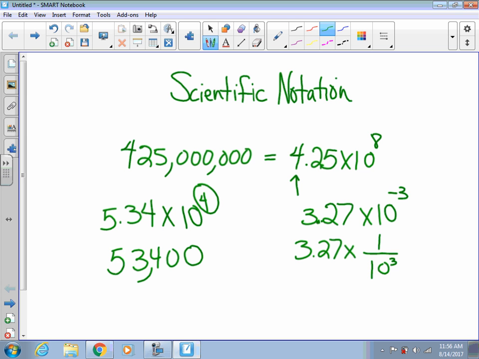So when we are dividing by a power of 10, we're going to do the opposite of what we did when we were multiplying by a power of 10. We're going to move the decimal to the left. So this is going to go to the left 3 places. 1, 2, 3. Okay?